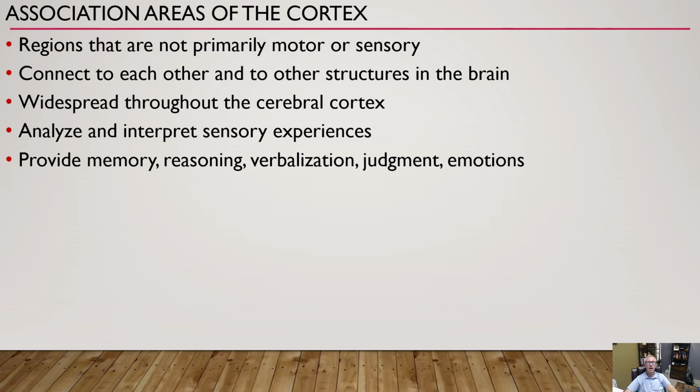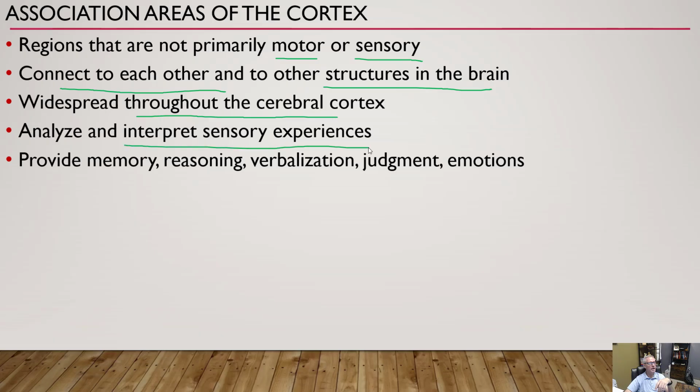All right, association areas of the cortex. These are regions that really aren't necessarily motor or necessarily sensory, but they do connect to each other and with other structures in the brain. So they're kind of widespread throughout the cerebral cortex.